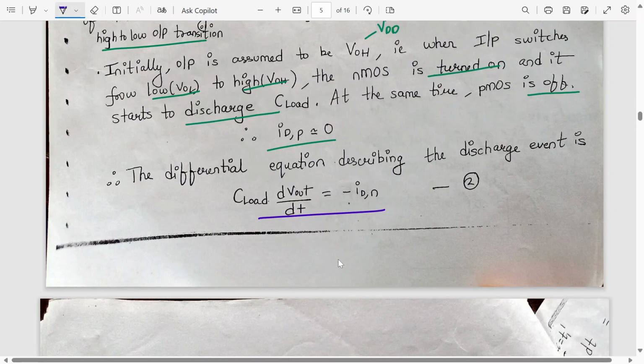So here what we do is we consider dt, and on this side we consider C dVout by idn, minus of C load. You can consider minus over here or there. So this equation we integrate. Okay, dt we take it on that side.